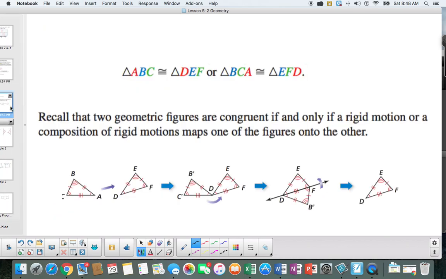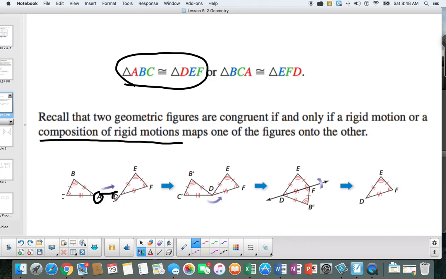All right, one more time. A figure is congruent to another figure if we can see the composition of rigid motions. Let's go through this process. To show that this triangle is congruent to this one, I am first going to do a translation to force point A to match to point D, and that's what's happening right here.